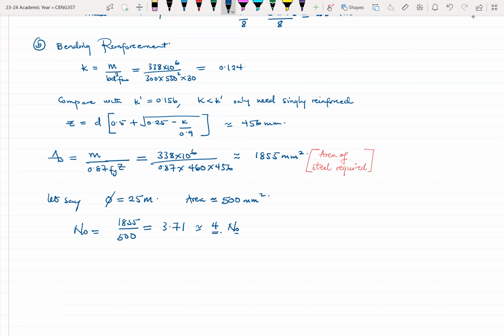So in the end, I'm going to use 4T, where T here stands for the type of rebar. And since this is a 460 Newton per millimeter squared yield strength rebar, which is the high yield steel, the nomenclature or the naming for that is T. So it's 4T25.